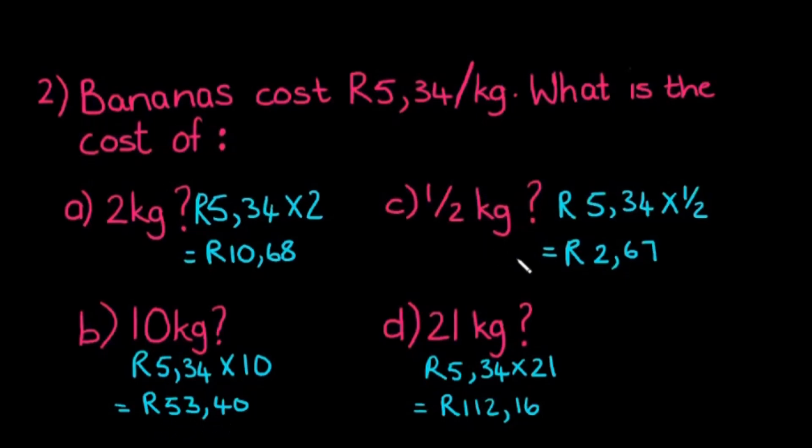C is half a kilogram, so we need to multiply it by a half, and then we get 2 Rand 67 cents. As it's increased by 21 kilograms, the price will then go up to 112 Rand and 16 cents.